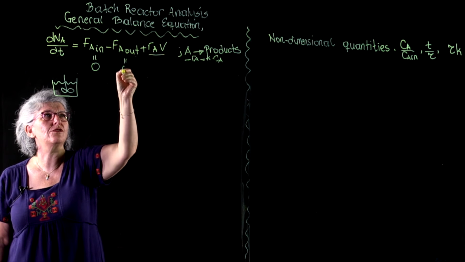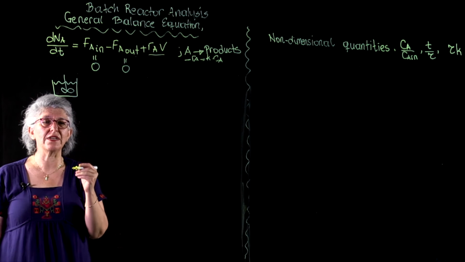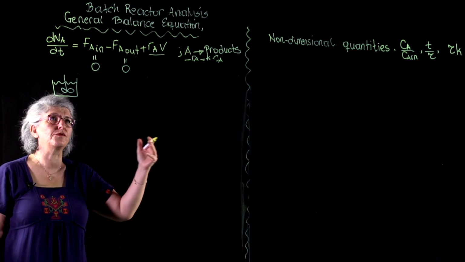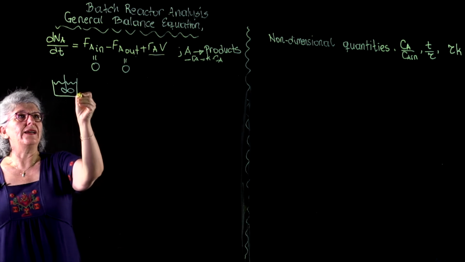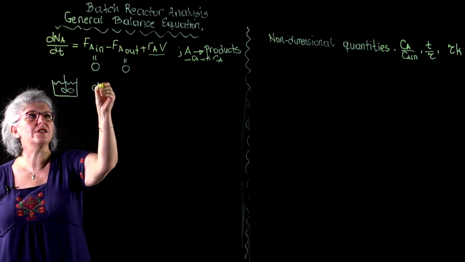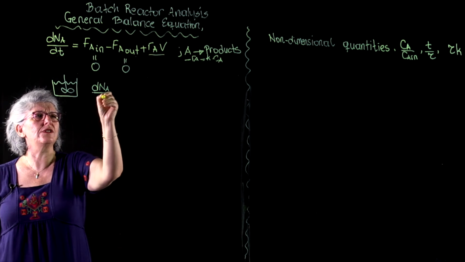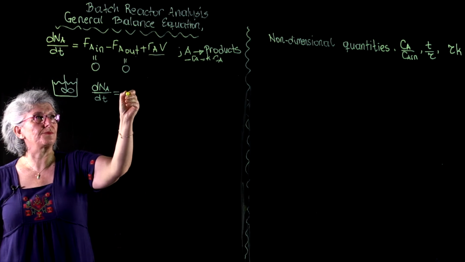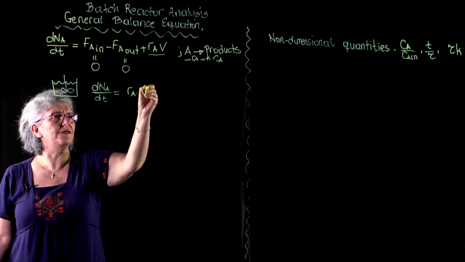This becomes 0 for a batch reactor, there is no outlet. So we charge our reactants and we let the system evolve to the final product, and we take out our products. And given that, our balance equation simplifies to dNA over dt equal to Ra times V.